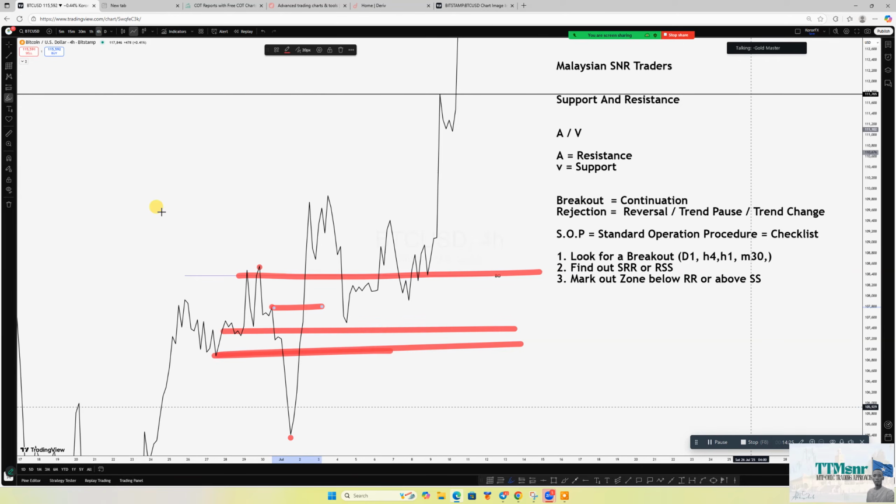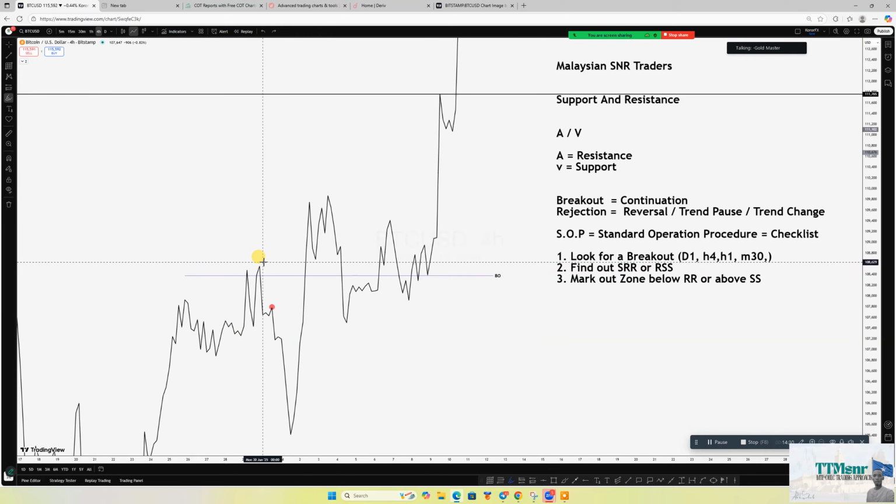I don't know if you guys are getting it or understand it, but let me tell you something. We have classic A, classic V, classic A, classic A. So what I mean is this one is lower than this region. So this is resistance, let us say R. Another resistance up higher.